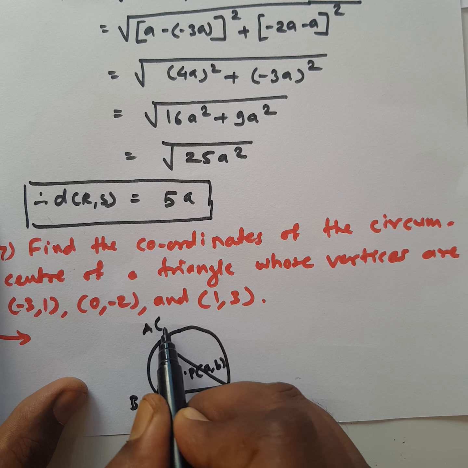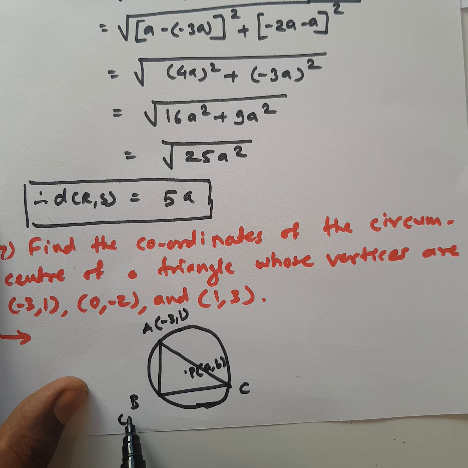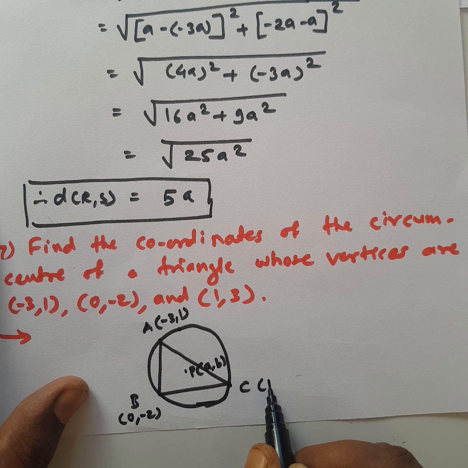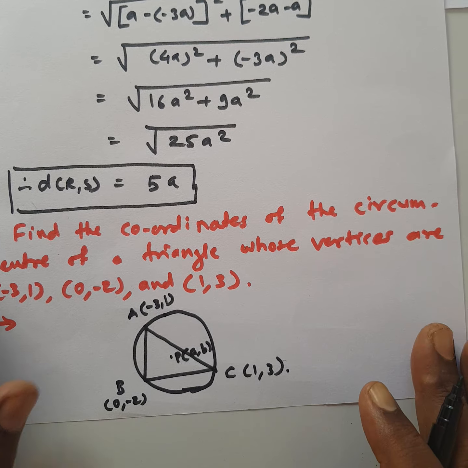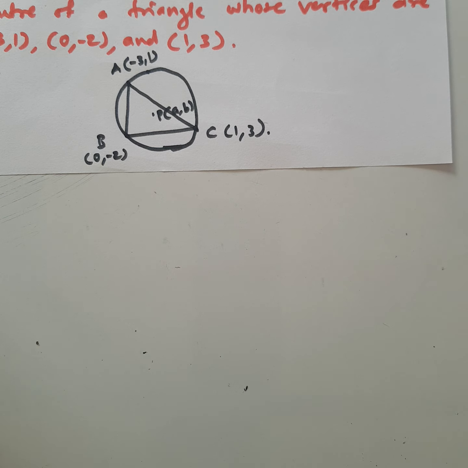Coordinates of A are (-3, 1), coordinates of point B are (0, -2) and coordinates of point C are (1, 3). Now we have to find the coordinates of point P.